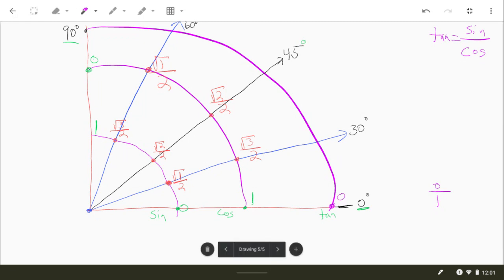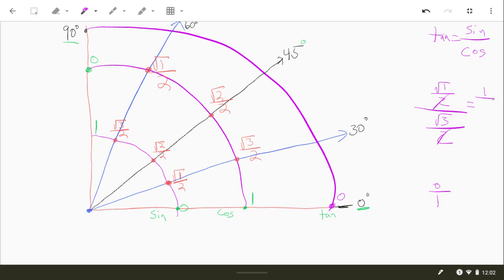Tangent of 30. So tangent of 30 is sine of 30, which is 1 over, oh, my bad, I'm doing the other definition. It is root 1 over 2. That's sine of 30. And then cosine of 30 is root 3 over 2. So you've got a complex fraction here. The 2's can cancel with each other, and you're left with root 1 over root 3.